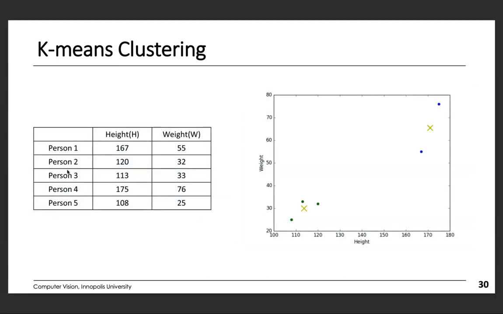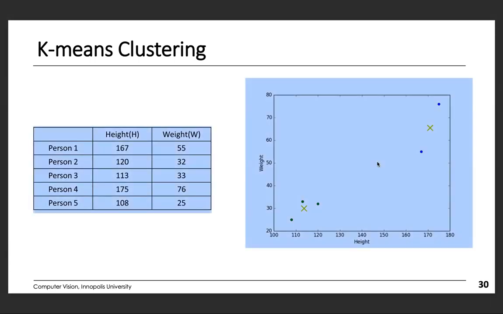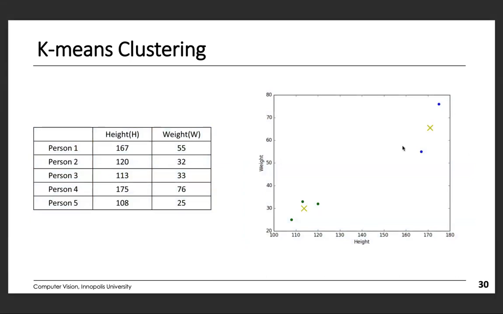Whereas persons 2, 3, and 5 were short and didn't have much weight, mainly because they are not adults, they are kids. So here with k-means clustering, we found that there are 2 types of people, adults and kids. Make sense?